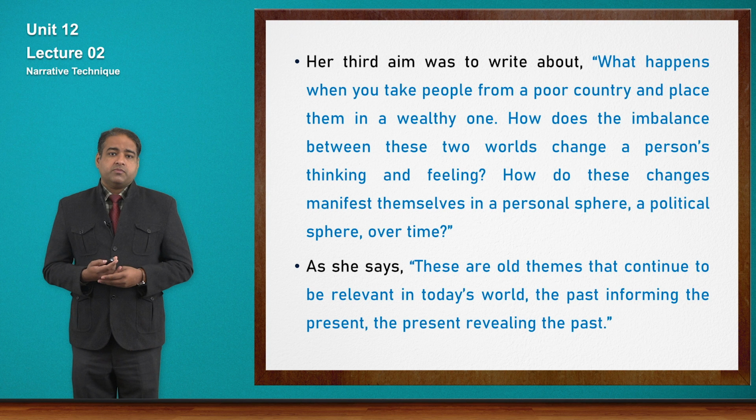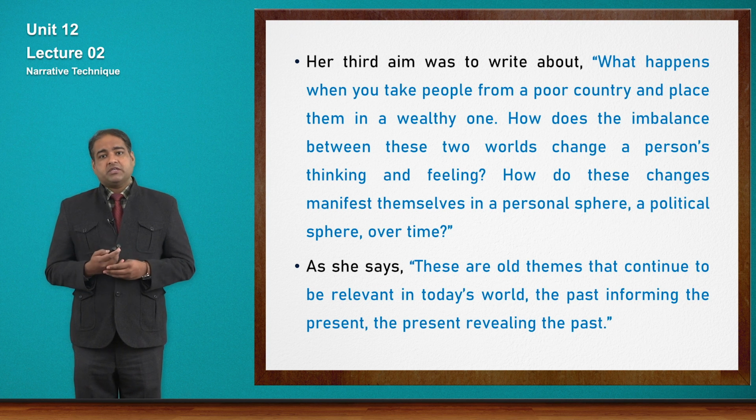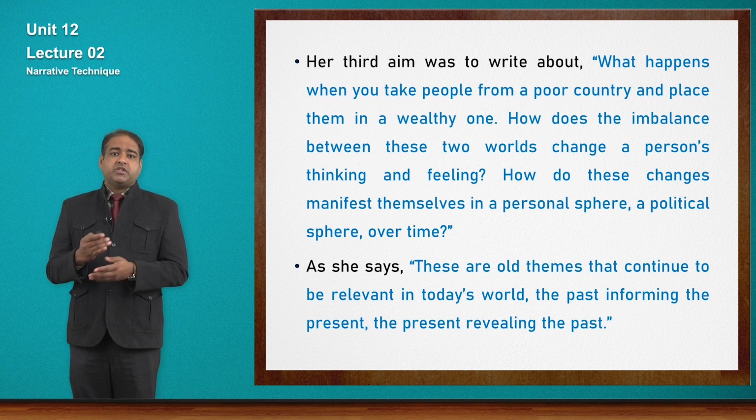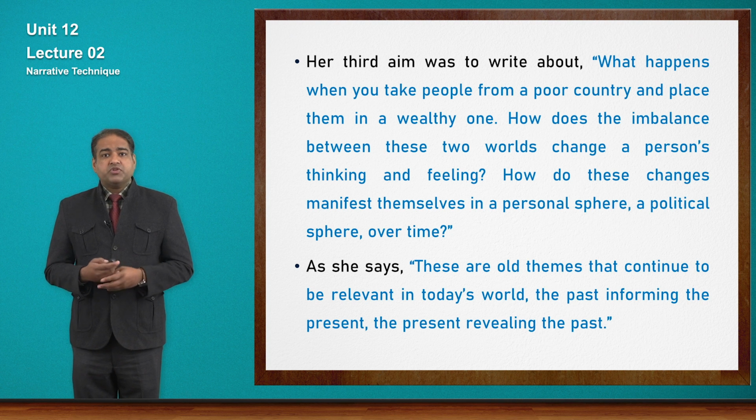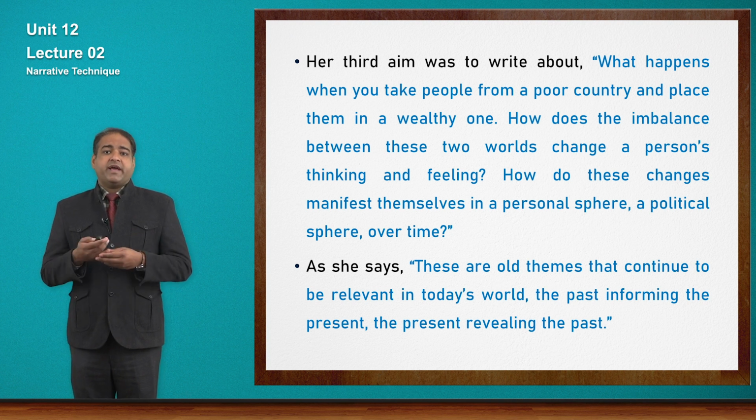She further says, these are old themes that continue to be relevant in today's world, the past informing the present, revealing the past. So, in this quotation, Kiran Desai is trying to say that in this novel, she has tried to mix the past with the present. The problems which were there in the past still exist. Take, for example, the case of the judge.